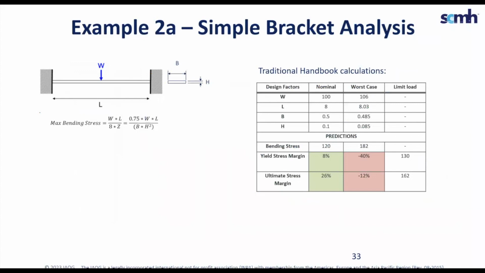At nominal, the bracket meets the yield and ultimate stress, but when worst case assumption is included, the stresses are exceeded. Next, we want to introduce variation simulation by Monte Carlo, that is the variation view on showing design margins.